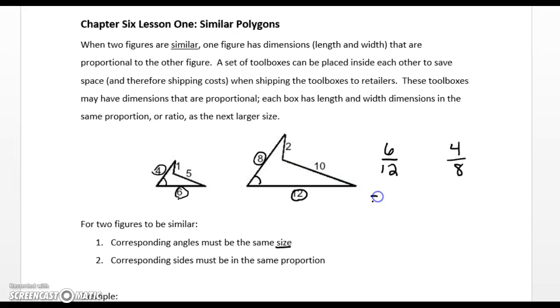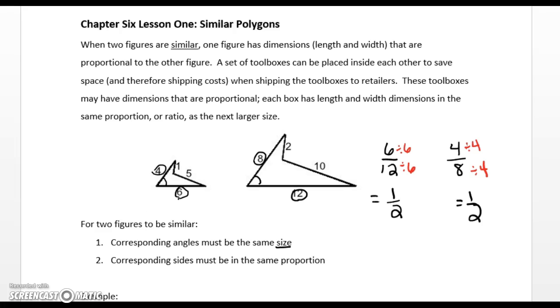But if we were to write those as reduced fractions, so divide 6 and 12 by 6 to give us 1/2, then we could divide our second fraction by 4 to give us 1/2. So they give us the same ratio or same fraction, which makes them proportional.